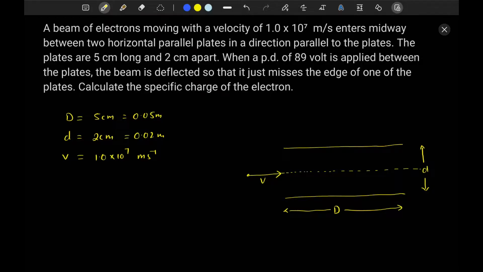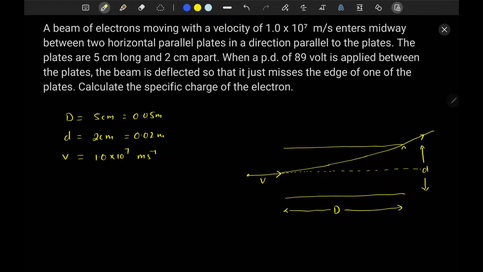Now if electric field is applied, the electron is deviated to the positive plate, and according to the question, the electron emerges through the edge of the plate.